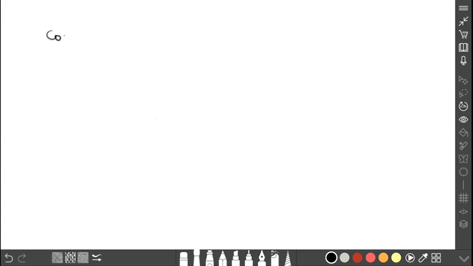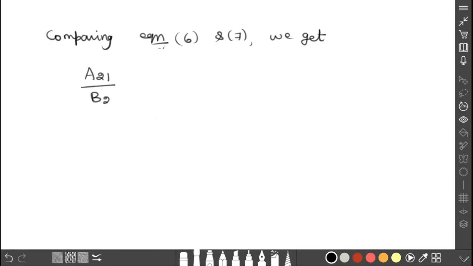Now comparing equations 6 and 7, we get, first, A21 by B21 is equal to 8 pi h nu cube divided by c cube.